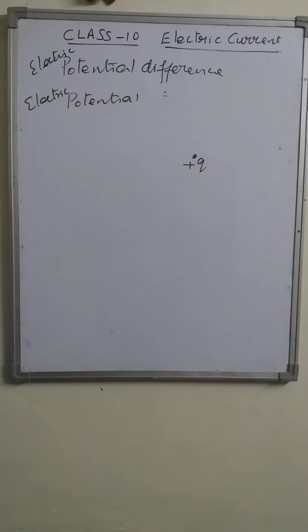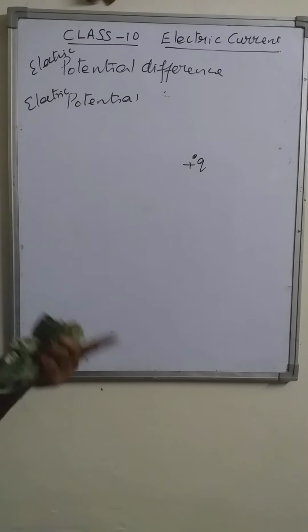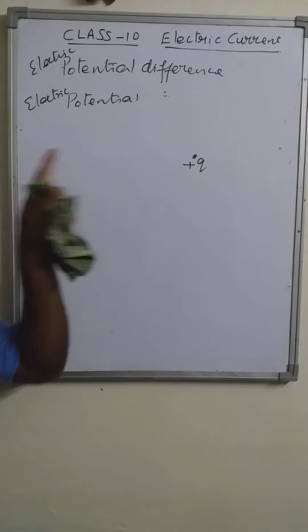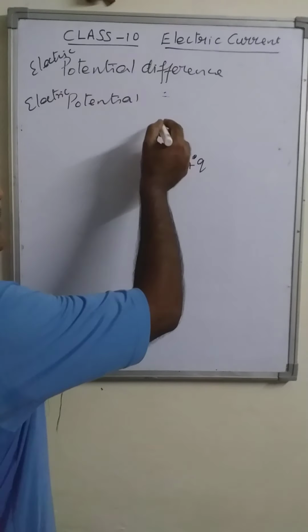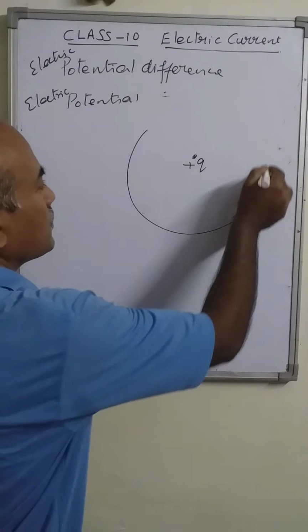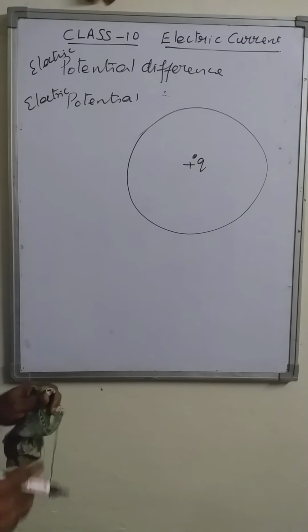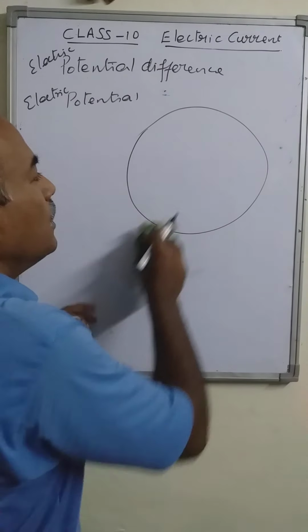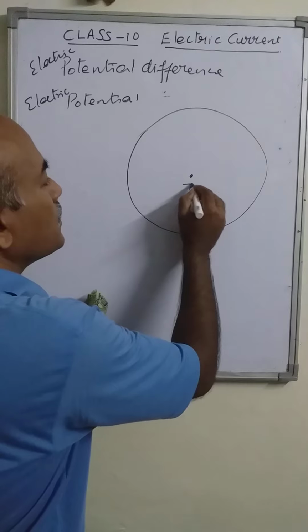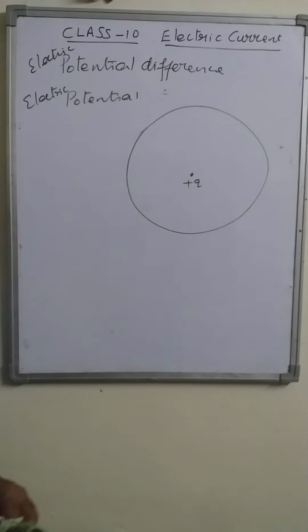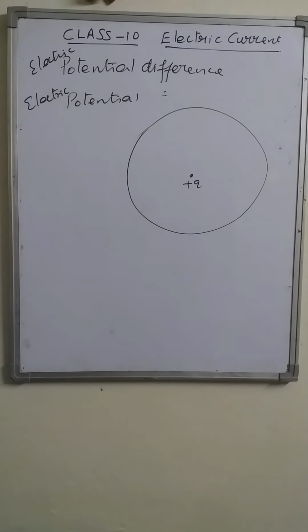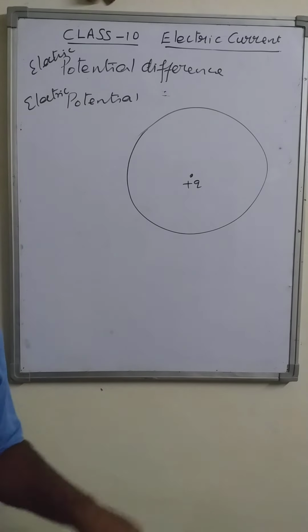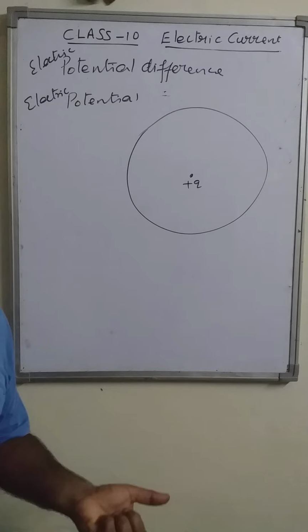Suppose this is the space, with the positive charge placed at the center. Within that space, it can influence other things. Other things means other charges.